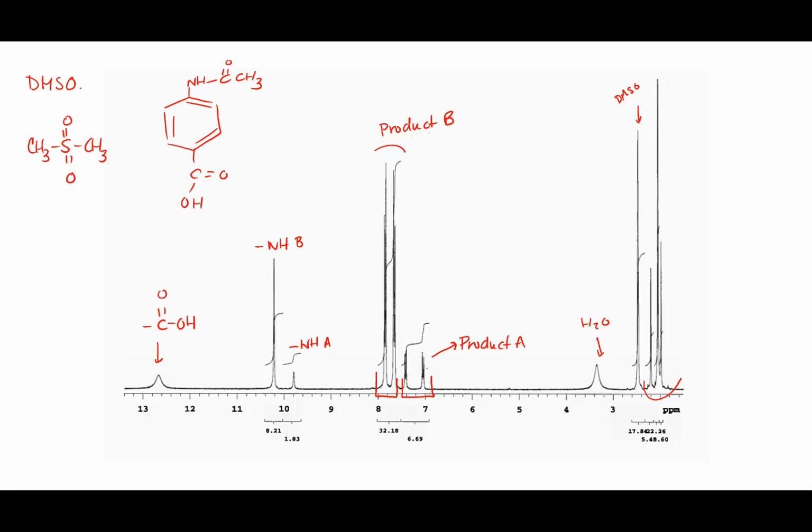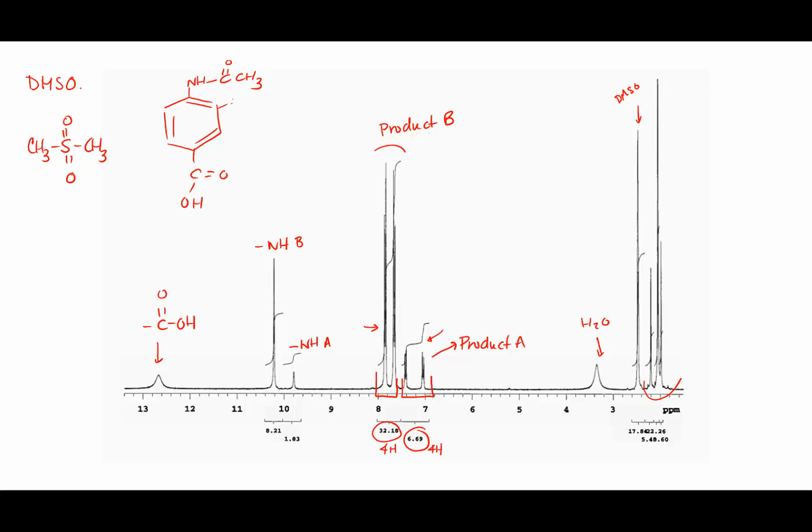Number one, if the two doublets on the left are product B and the two doublets on the right are product A, we have their integrations down here. Each of those corresponds to a total of 4 hydrogens, right?